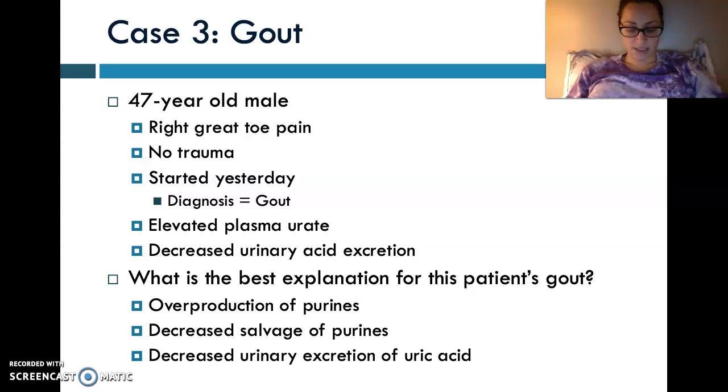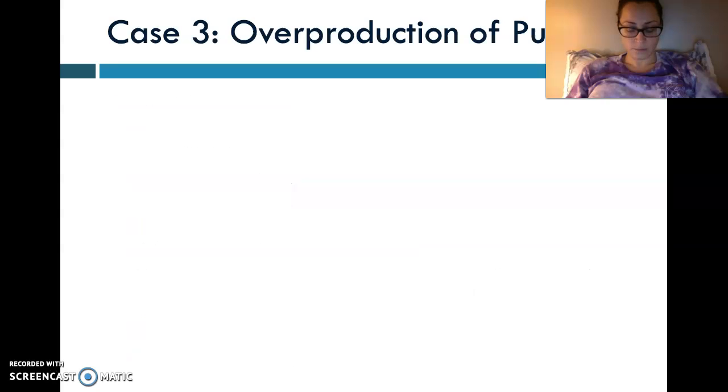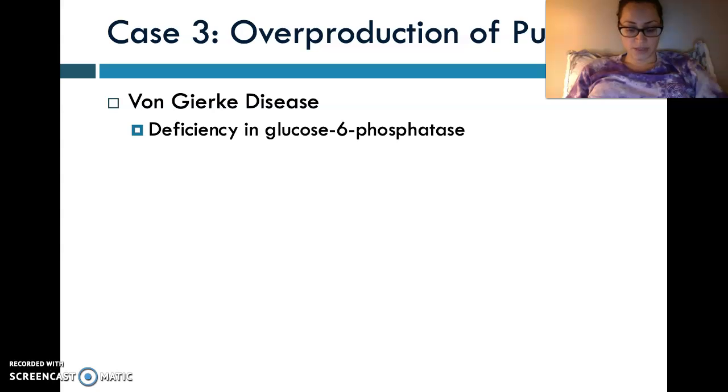Firstly, all of these answers are associated with hyperuricemia and gout. Overproduction of purines is a cause of gout associated with von Gierke disease, or glycogen storage disease. This is due to a deficiency in glucose-6-phosphatase.